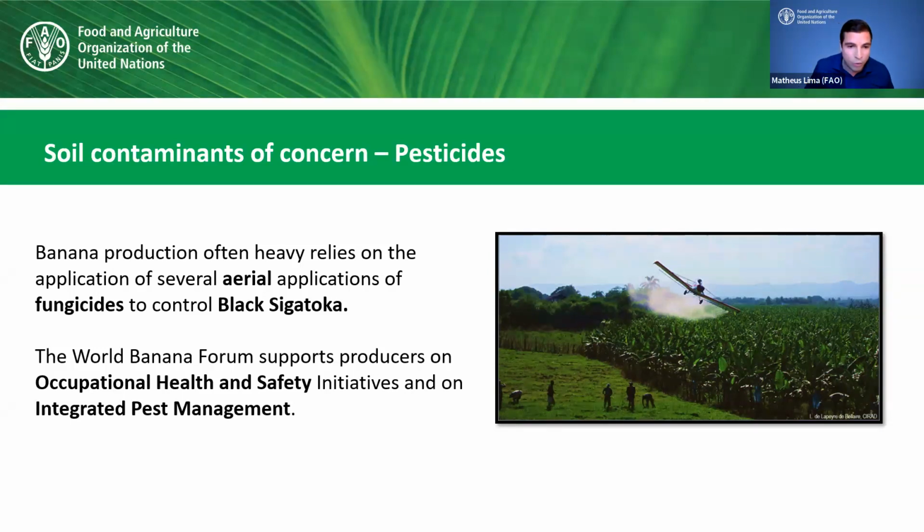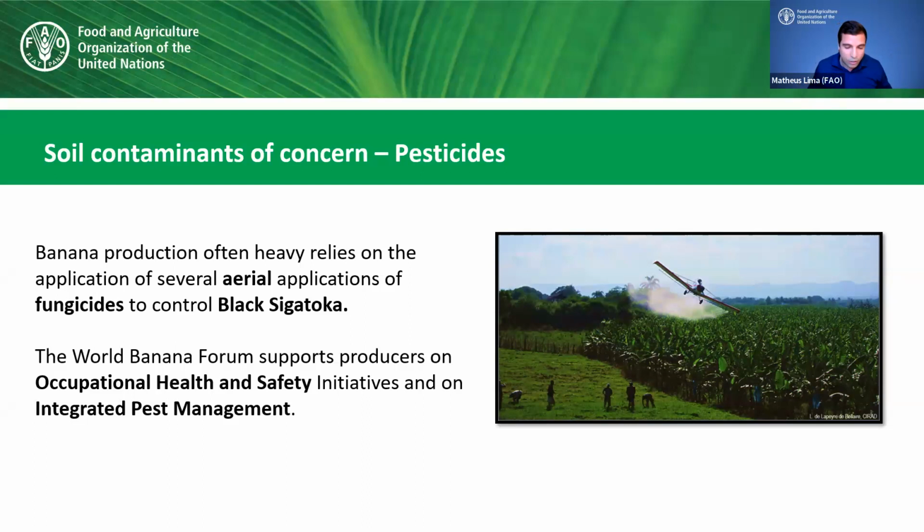So inside the World Banana Forum, we work to support producers first with occupational health and safety to reduce these types of risks that we see in the image. For example, the World Banana Forum, together with the Ministry of Labor of Ecuador, the biggest exporting country of bananas in the world, launched a manual on occupational health and safety that is now mandatory in the country.